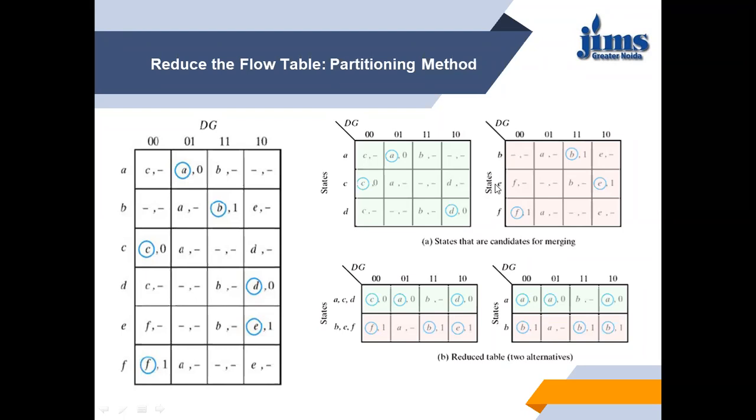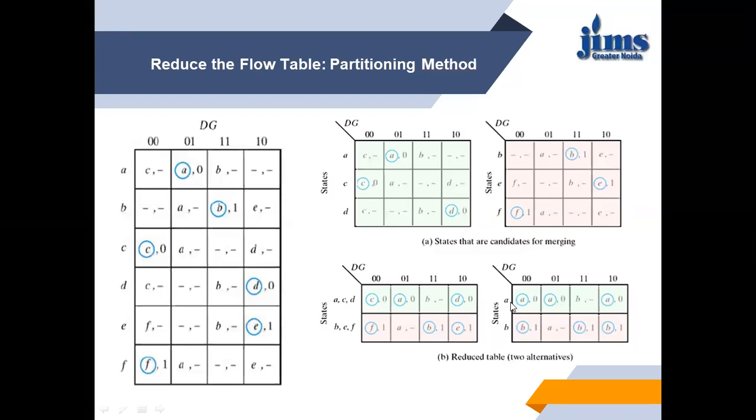Now when we merge B, E and F, in the first column there is F comma 1, F comma 1, A comma dash, A comma dash, here come B comma 1, B comma 1 and E comma 1. So what we do is, where there is A, C and D, we write A; where there is B, E and F, we write B; and this is your final reduced flow table.